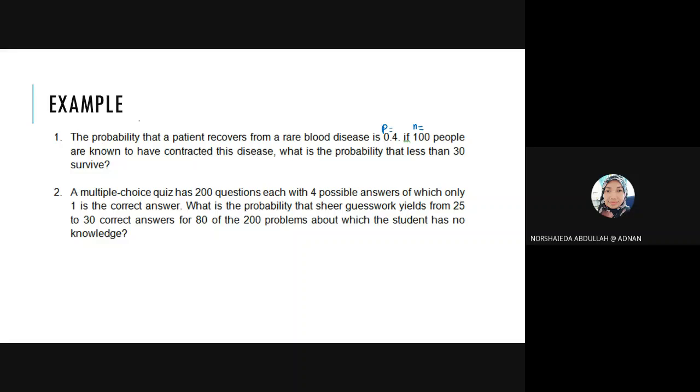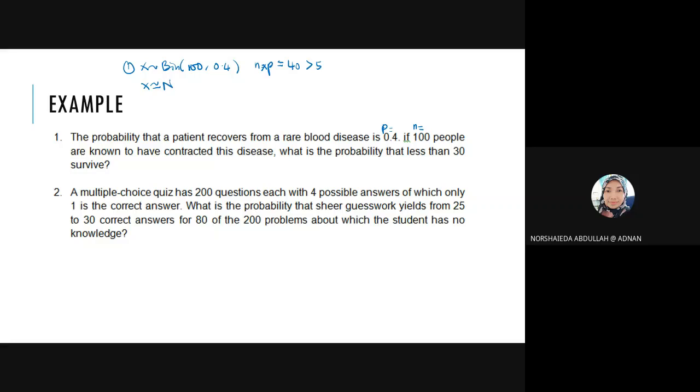Okay, so the original distribution is binomial, N equals 100, P equals 0.4. So N times P equals 40, greater than 5, so we can use the normal approximation.